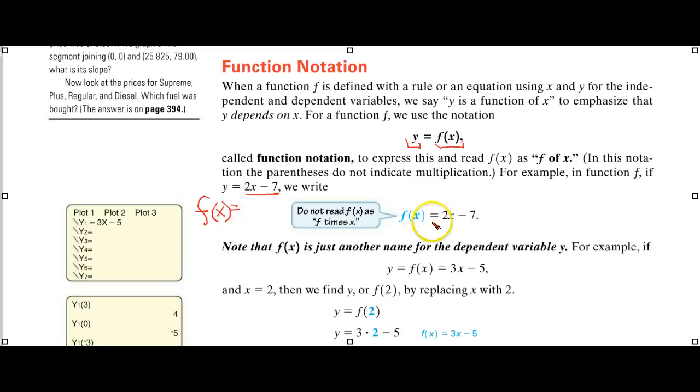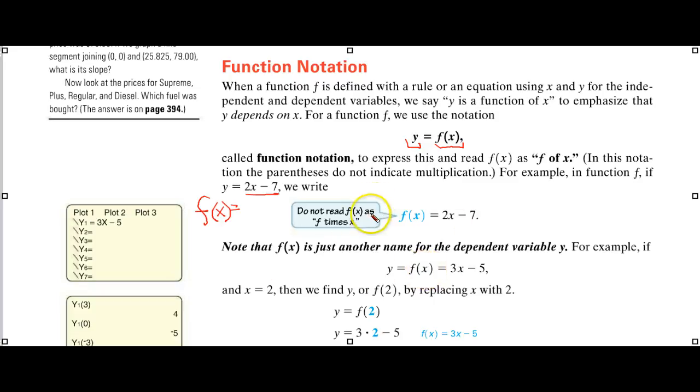And that's what they're showing you here. So often we can substitute the f of x for the y, or y for the f of x.